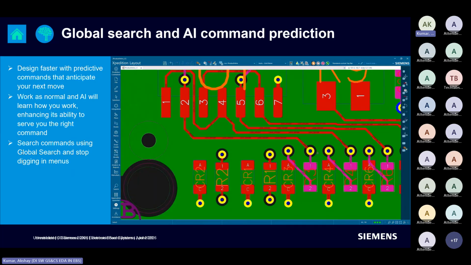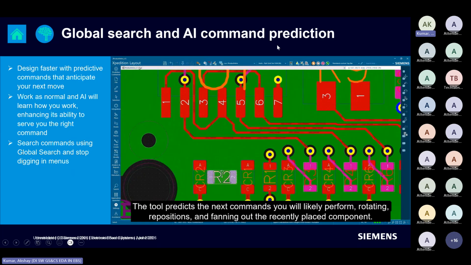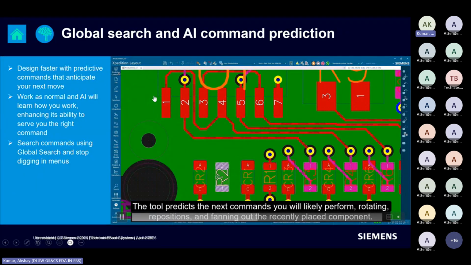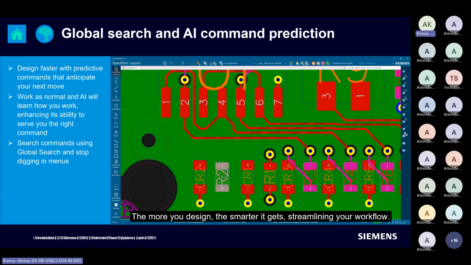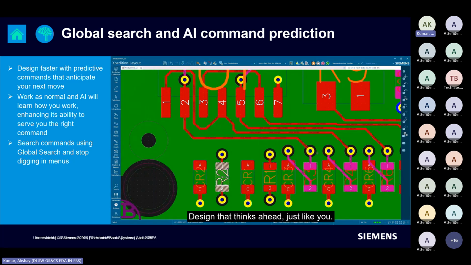You rotate it, you do the fan out, you push it to the bottom, right? There are multiple actions that you might have performed. So based on every individual, it remembers what you do, and then it will suggest the next command that you are looking for. That will be in the predictive command itself, and you don't have to go anywhere. Everything will be there in the predictive command, right? And this is very dynamic, based on the type of component and the different nets that you are selecting, it will suggest accordingly, right?